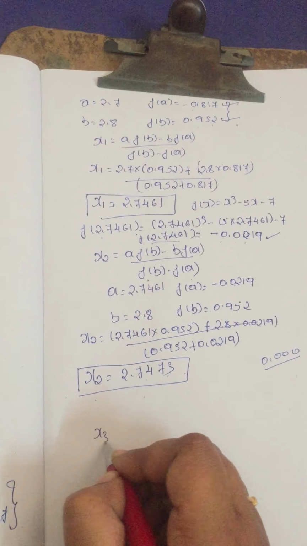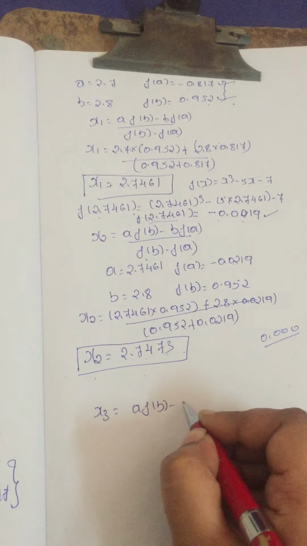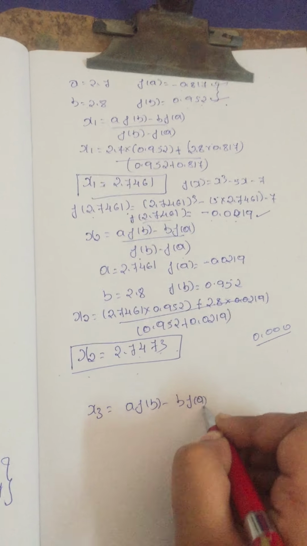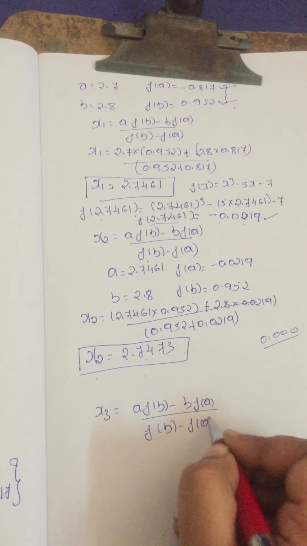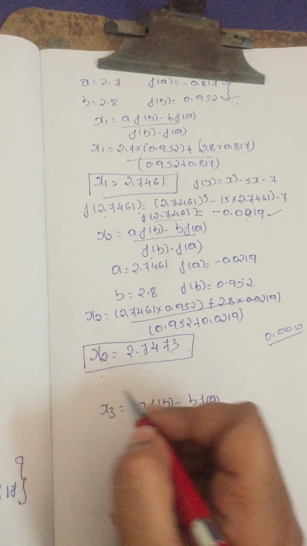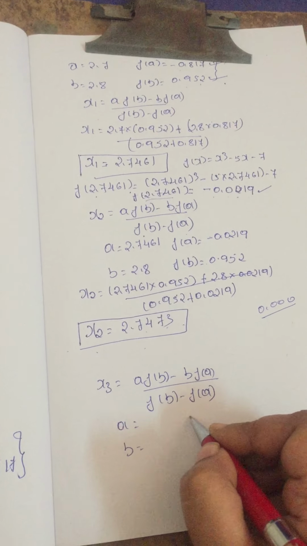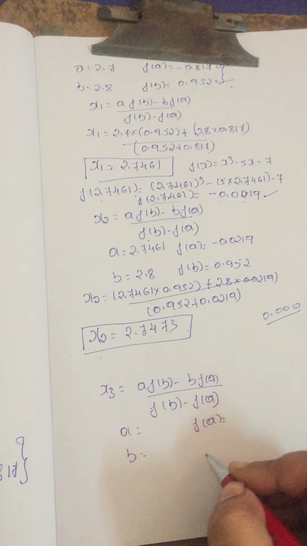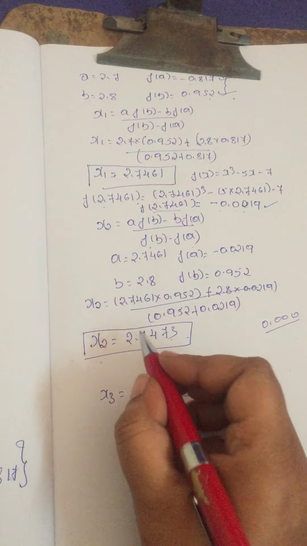The third iterative value x3 can be written as a into f of b minus b into f of a, divided by f of b minus f of a. Here again we need a, b and also f of a and f of b, so we need another a, b pair.